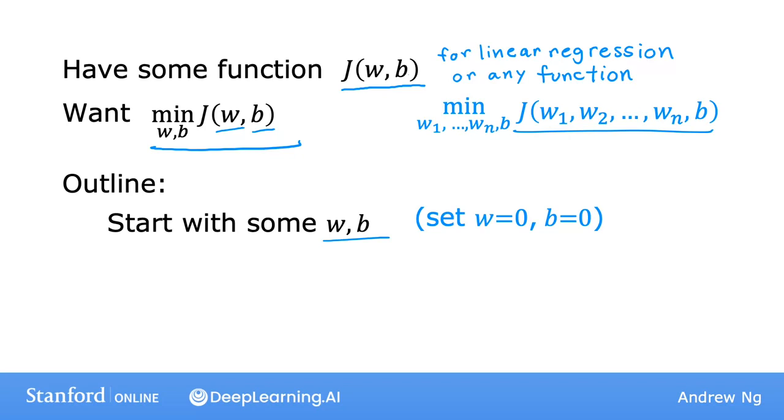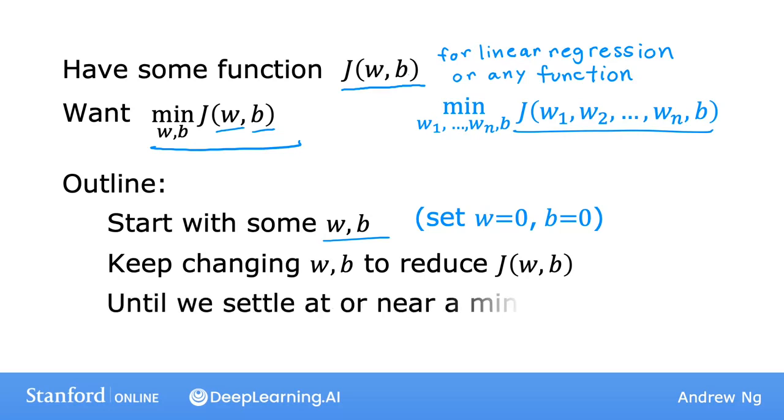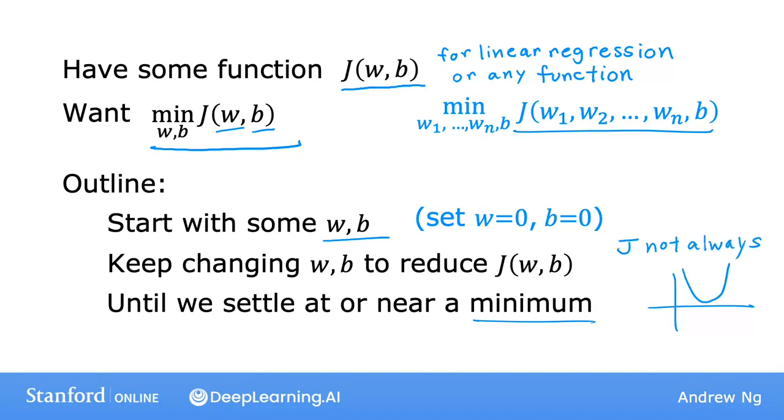With the gradient descent algorithm, you'll keep on changing the parameters w and b a bit every time to try to reduce the cost J of w, b until hopefully J settles at or near a minimum. One thing I should note is that for some functions J that may not be a bow shape or a hammock shape, it is possible for there to be more than one possible minimum.